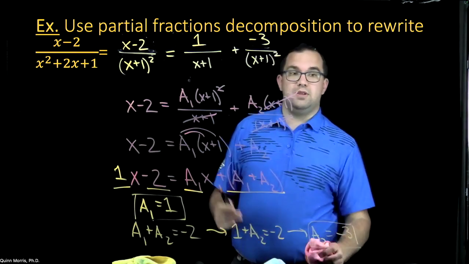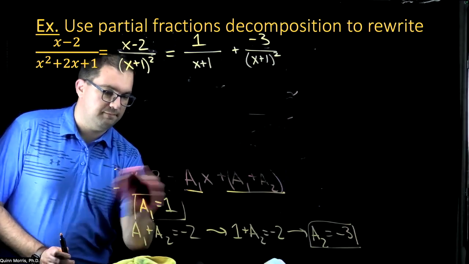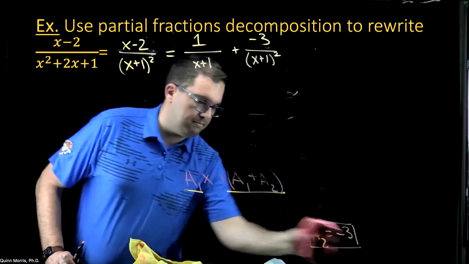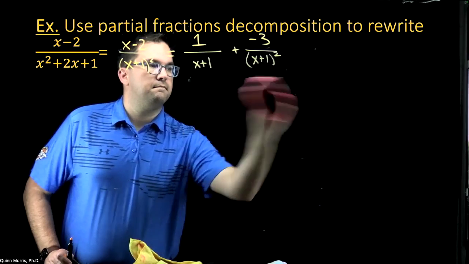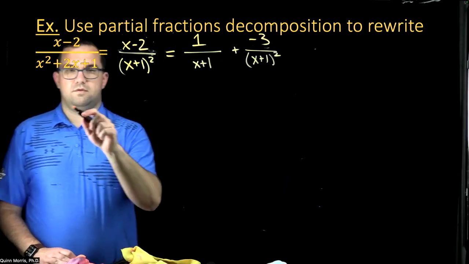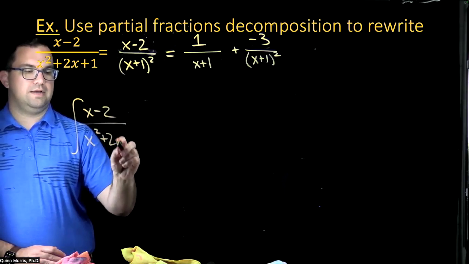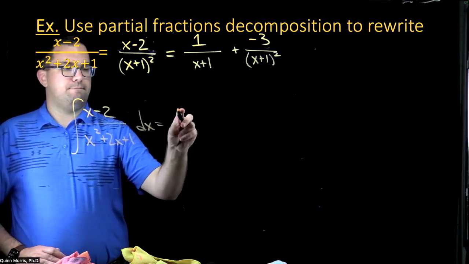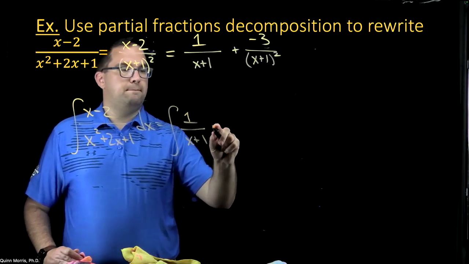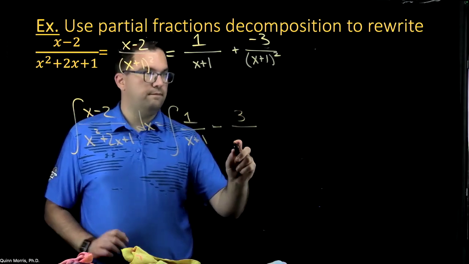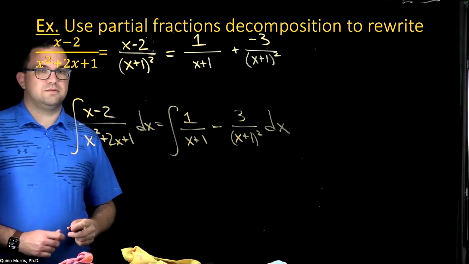So now if my goal is to integrate x minus 2 over x squared plus 2x plus 1, I can now instead integrate 1 over x plus 1 minus 3 over (x plus 1) squared dx.